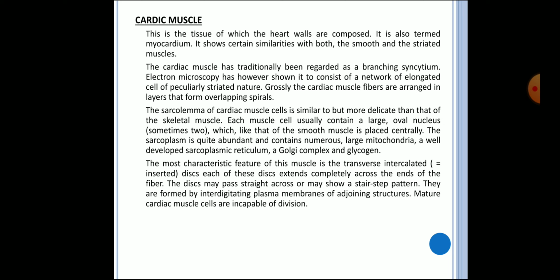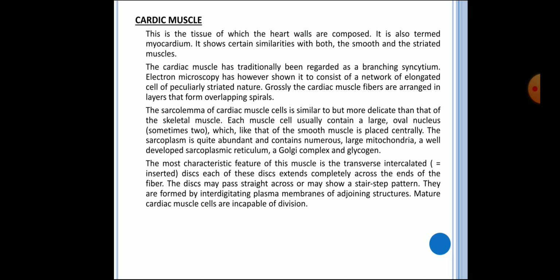It shows certain similarities with both smooth and striated muscles. The cardiac muscle has traditionally been regarded as a branching system. Electron microscope shows it consists of a network of elongated cells of peculiarly striated nature.